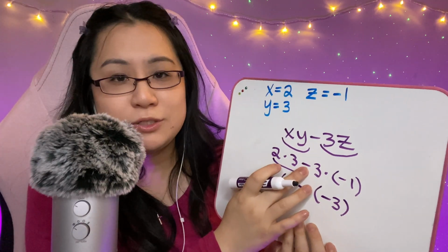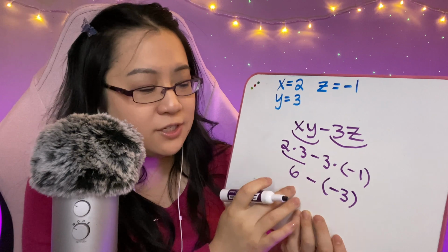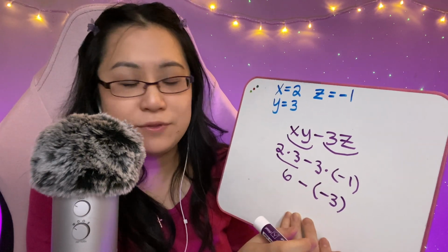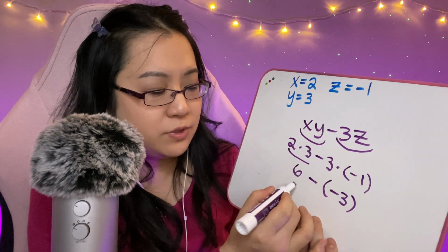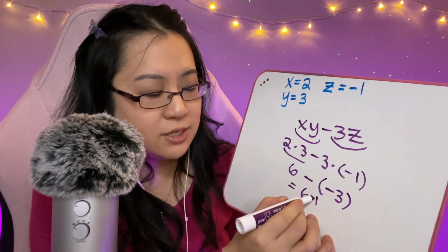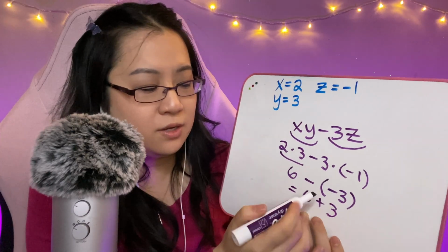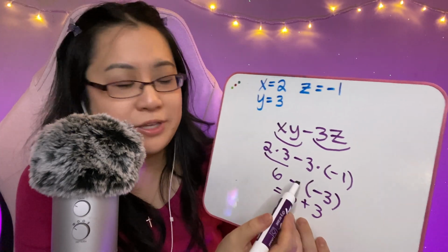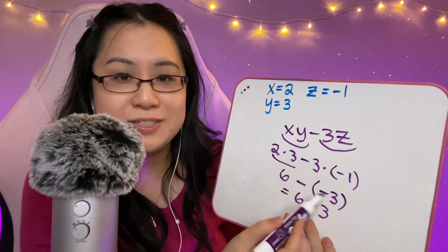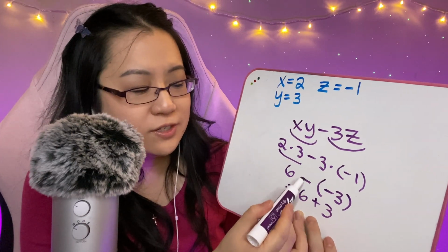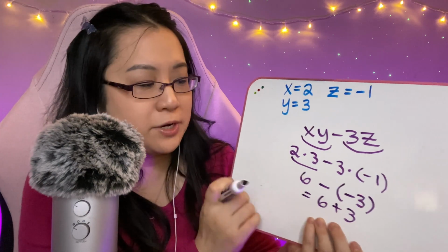But we just happen to be subtracting here, so we have 6 minus -3. So that would be 6 plus 3. Either you just get familiar with that notation, negative is positive, or you can think of it as like a -1 times -3.